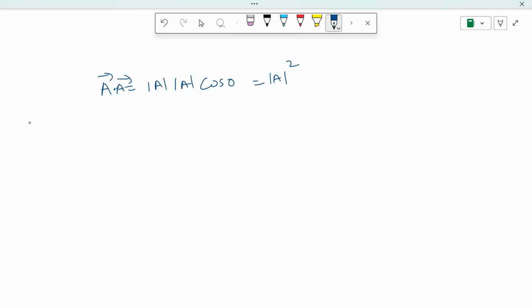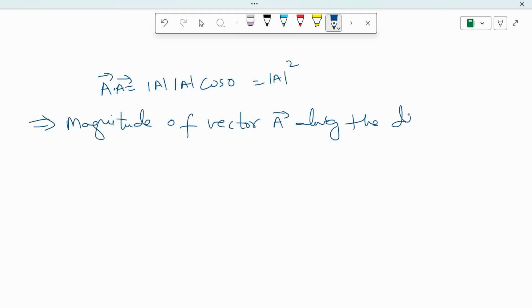Now the next important thing is the magnitude of a vector A bar along the direction of B bar.